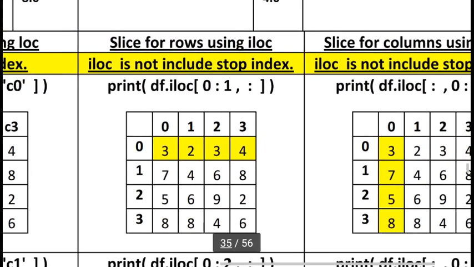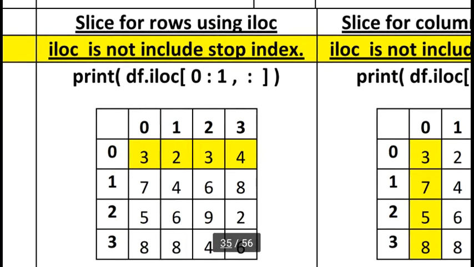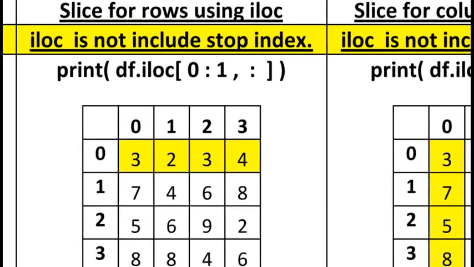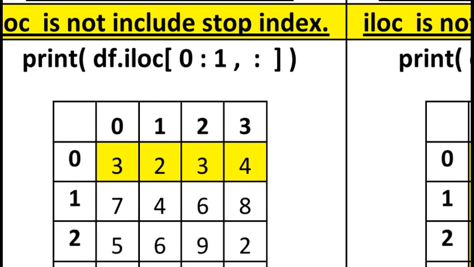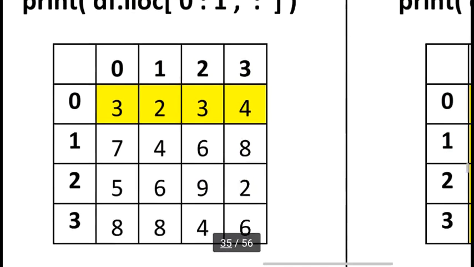So here I want to select only the first row. I am writing df.iloc[0:1]. Let's start from row 0 and stop at 1. 1 means one less, so again it is 0 to 0. So it is our first row, and comma colon means all the columns of the first row.